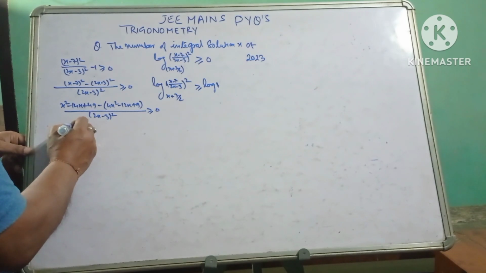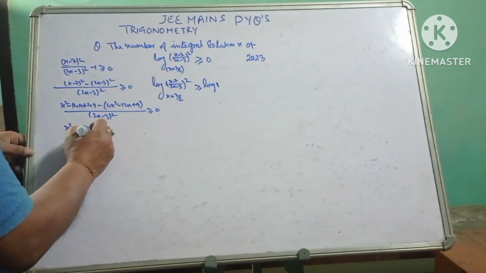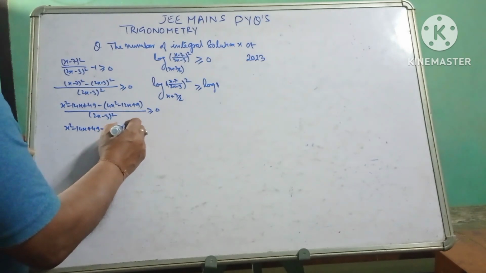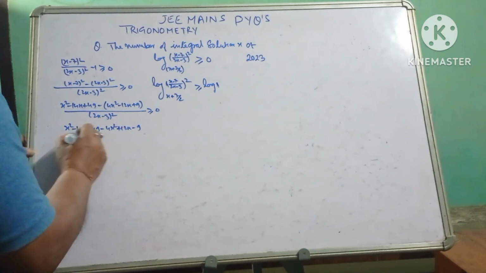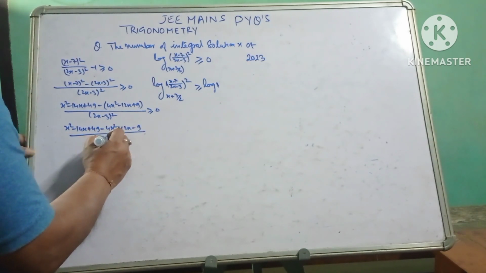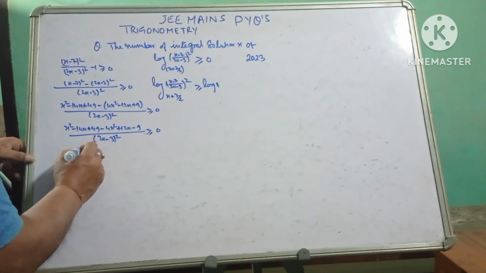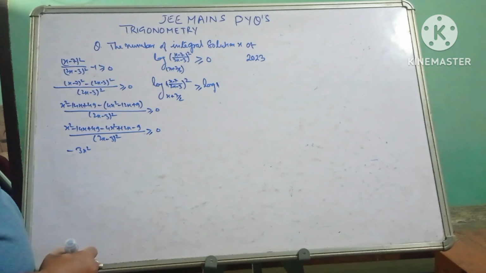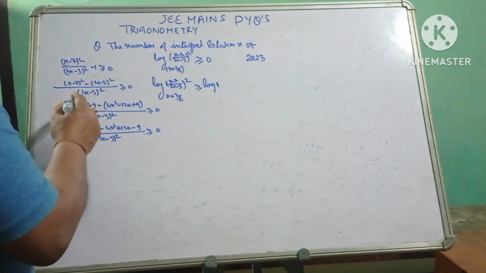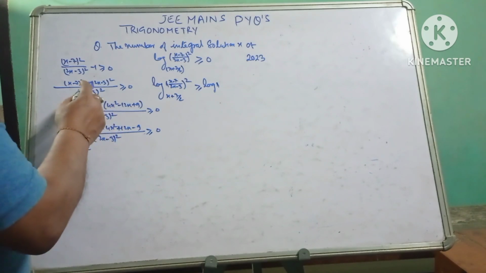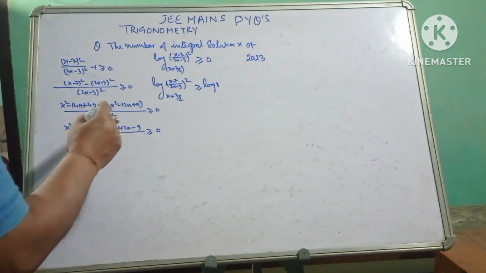So this comes out to be x square minus 14x plus 49 minus 4x square plus 12x minus 9 over (2x minus 3) the whole square greater than or equal to 0, giving minus 3x square, 7 2s are 14 and here 2 2s are 4, 4 3s are 12.